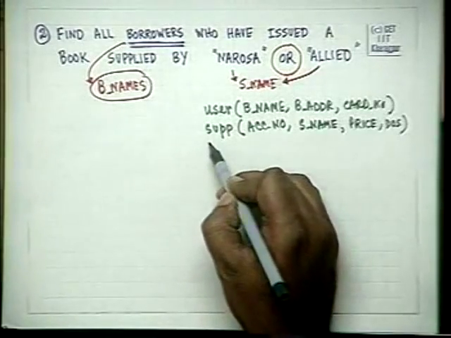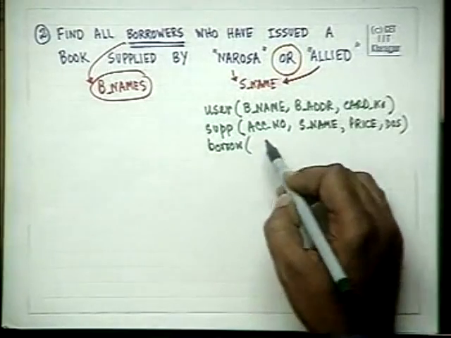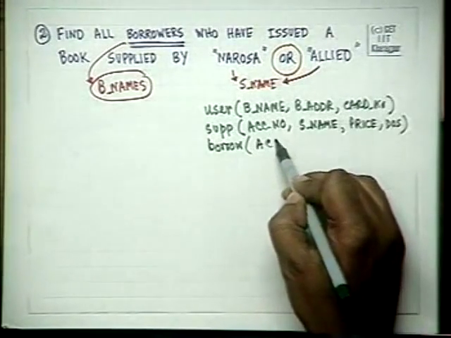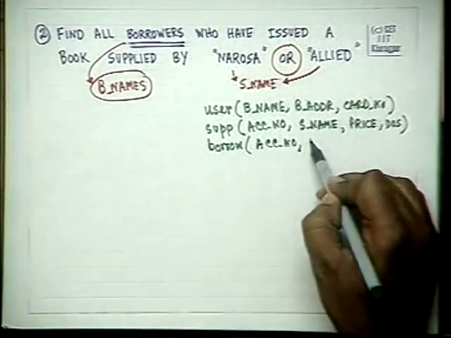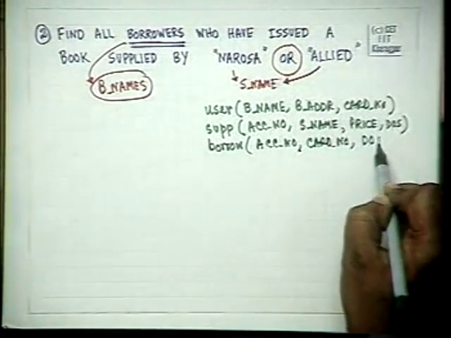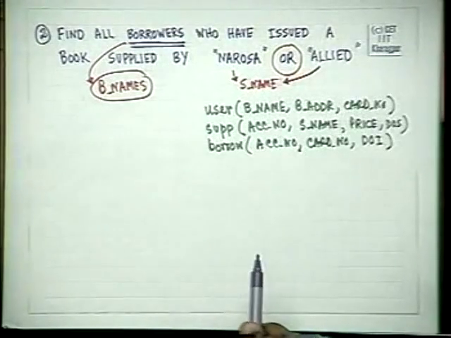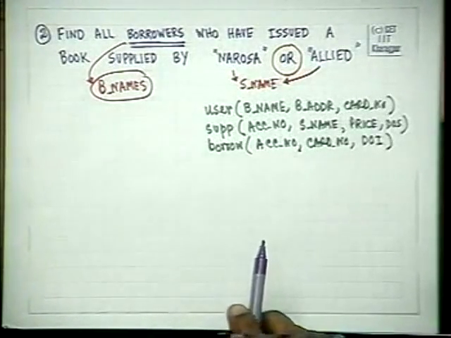So for this we need the borrowed by relationship, and for that we have to use the borrow relation, which has got the accession number, the card number, and the date of issue. We will have to use all three of them, and in relational algebra we would have had to do a natural join of these three and then select out and project out the relevant attributes.